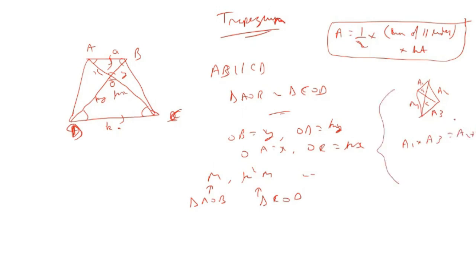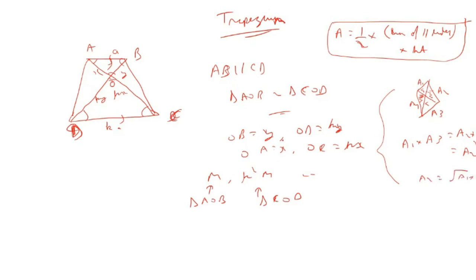Right. Now, for a trapezium, these two areas are always equal. So this area and this area is always equal. So A2 and A4 here are equal, so this would be A2 square. So A2 would be equal to root over A1 into A3.